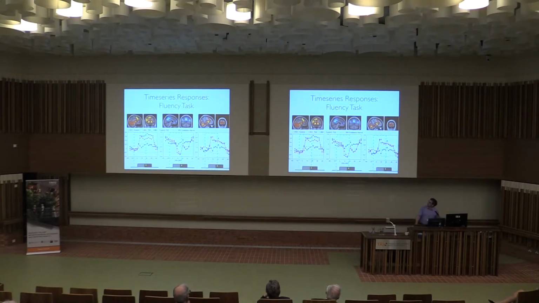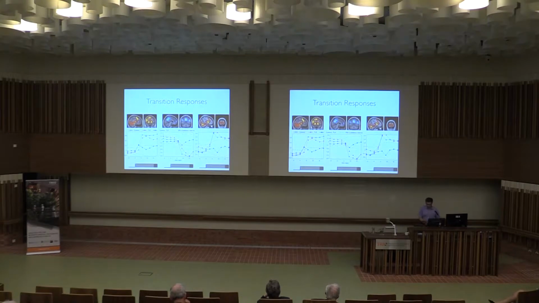If we zoom in on the transition points, we can see that in the task positive system, it looks like there's a slower response in the focal epilepsy cases. There's perhaps a slower response also in the default mode system, but it looks like the basic sensory response to the visual stimuli is matched in time between patients and controls.